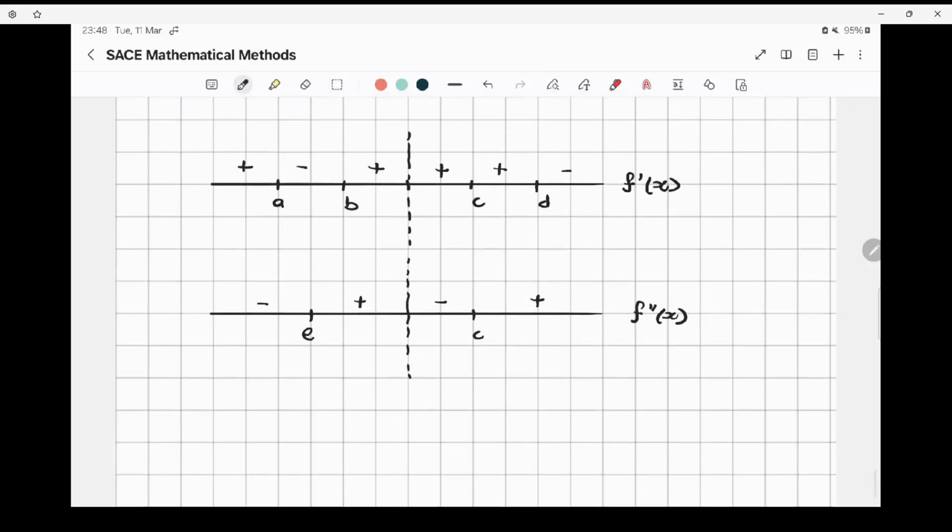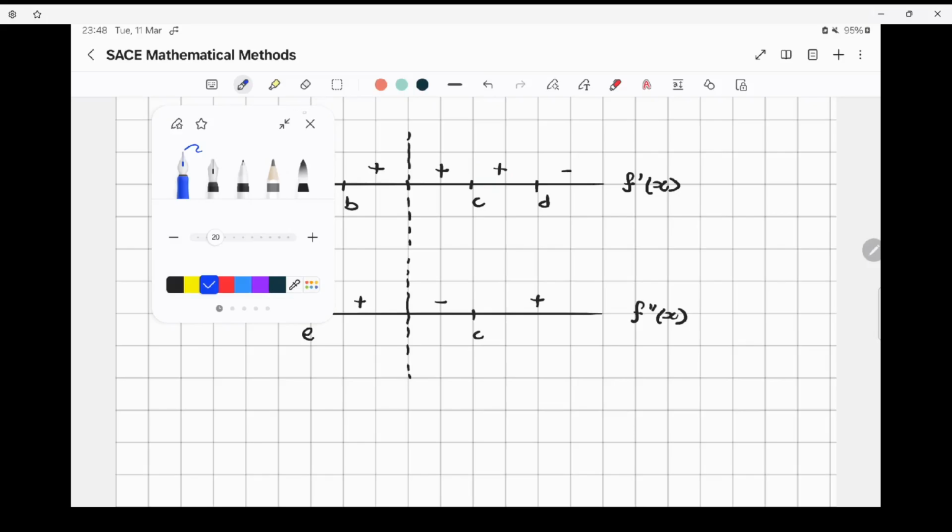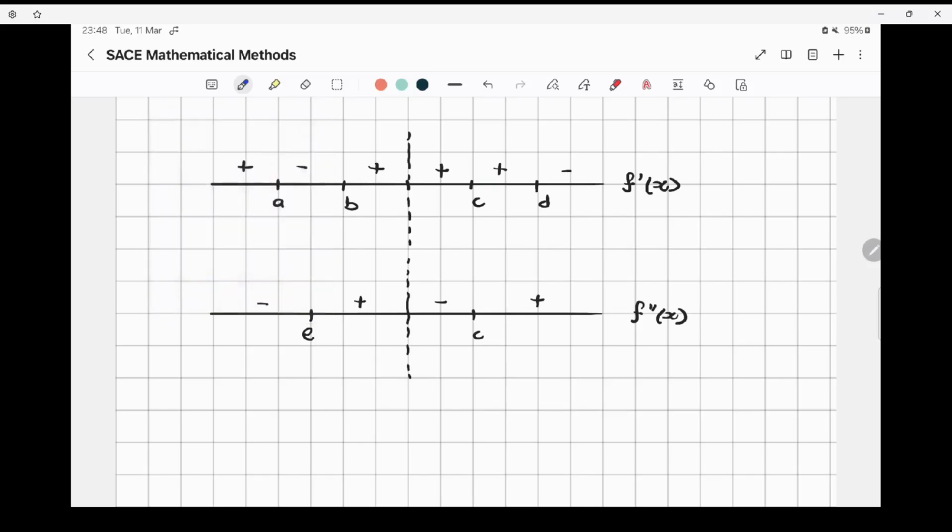So let's look at this one by one. I will do it in blue. So first of all, you are given two sign diagrams. One is the f prime, another one is f double prime.